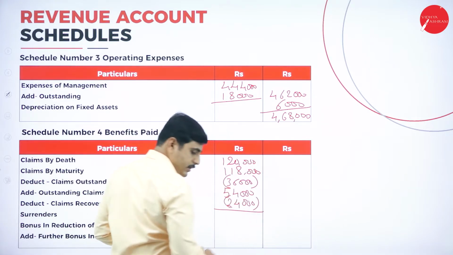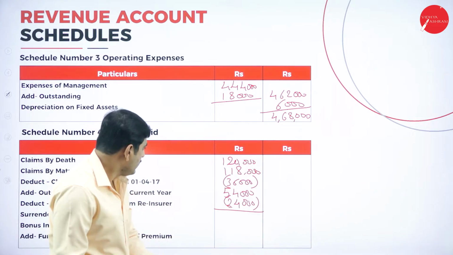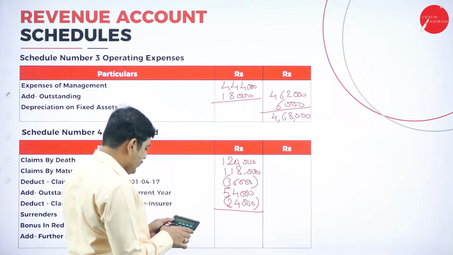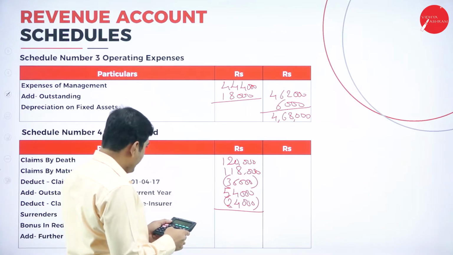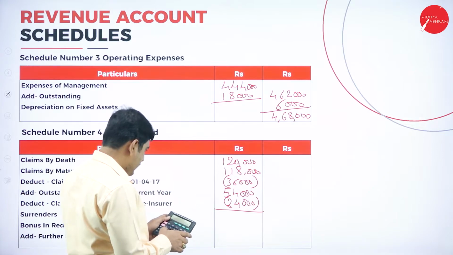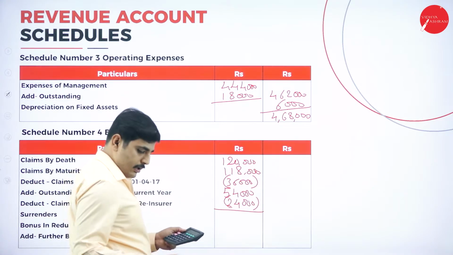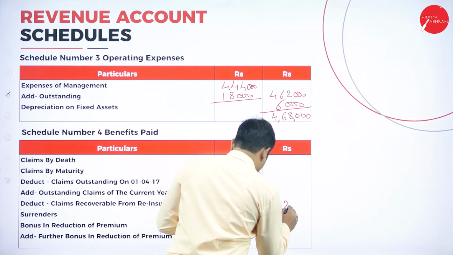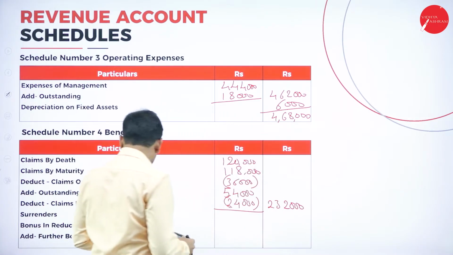Now let's add all the amount. 1,20,000 plus 1,18,000 minus 36,000, add 54,000, minus 24,000. Total is 2,32,000.